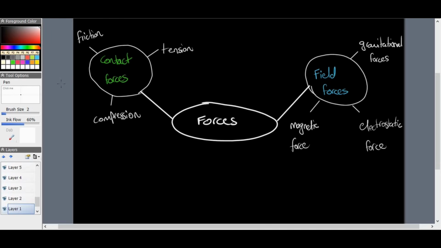On the left, contact forces: friction, tension, and compression. And with field forces, we'll be having a look at the gravitational force, magnetic force, and electrostatic force as well, just as a bit of an introduction, okay?